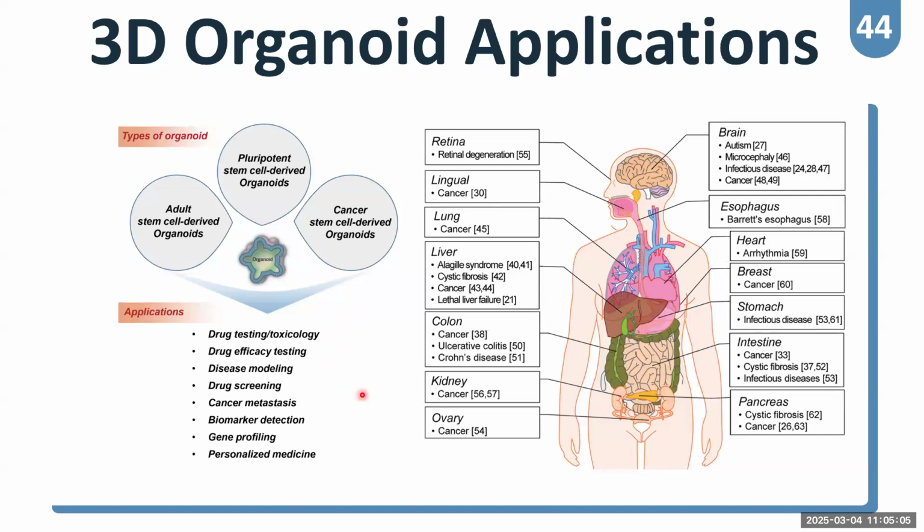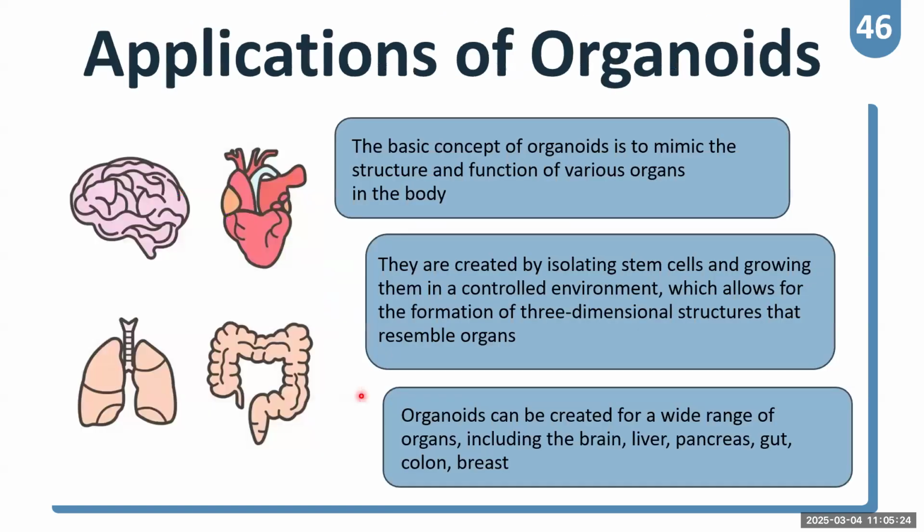And now they have tried to put in high-throughput, advanced techniques. For example, they do biomarker detection, gene profiling, and single cell analysis to identify the genes in the organoid also, okay? And the basic concept of organoid is to mimic the structure and the function of the organ from the body, okay?